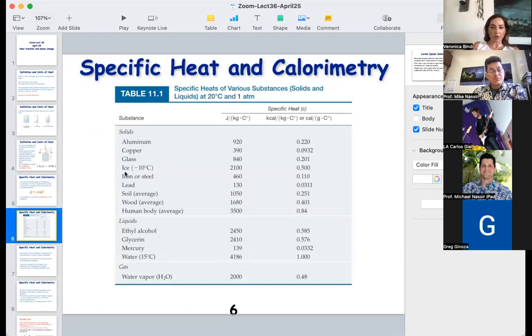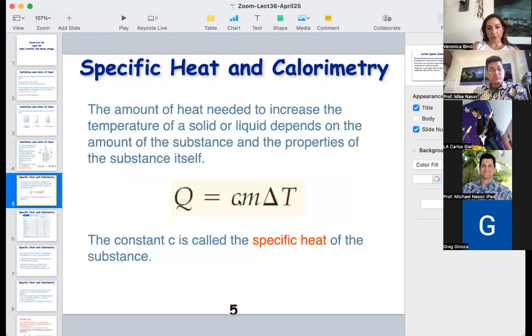So we have solids, and you can see that the specific heat can be in joules per kilogram per Celsius. And you know why? Because c, if we want to find c, is equal to Q divided by m delta T. So Q is in joules, m is in kilograms, and delta T we just say is in Celsius.